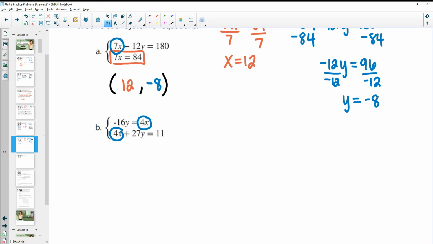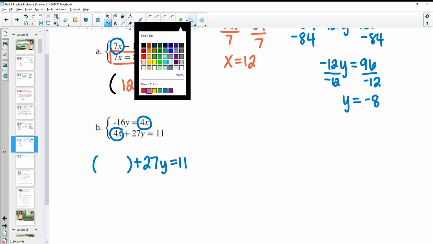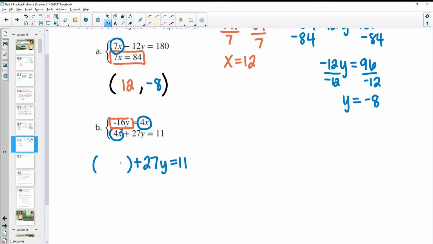So I can substitute in the negative 16y in place of that 4x in the bottom equation, because we know that 4x is the same as negative 16y. So then we can go ahead and simplify here. So negative 16y plus 27y is going to give us 11y. So 11y equals 11, divide by 11, and we end up with y equals 1.